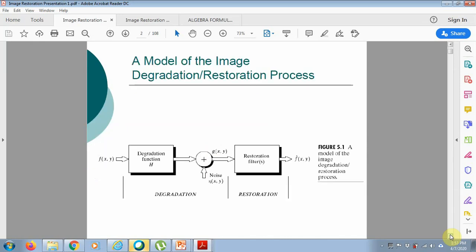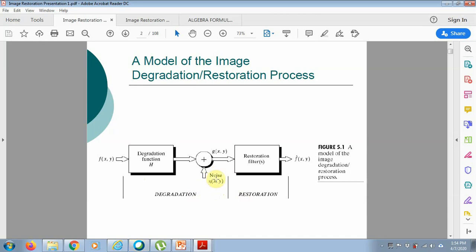So the basic model for image restoration is, if you have a degraded image, that is g of xy, and f of xy is the input image, you will multiply it with a degradation function h. Normally we represent this degradation function by h of xy, and then you will add a noise to it.